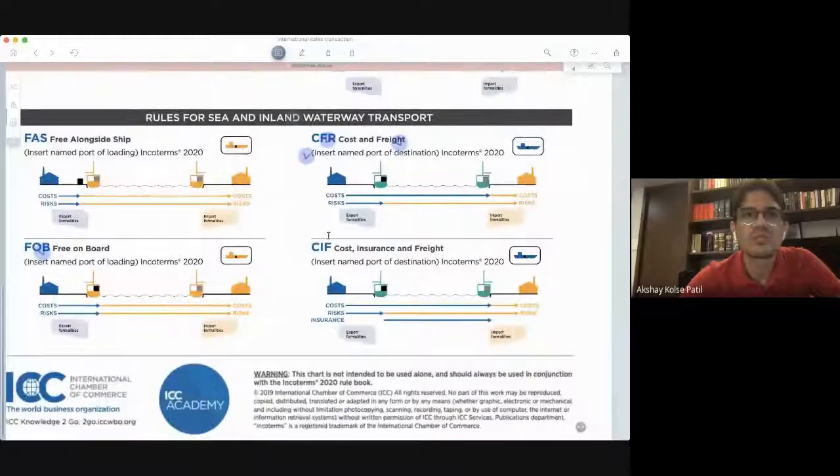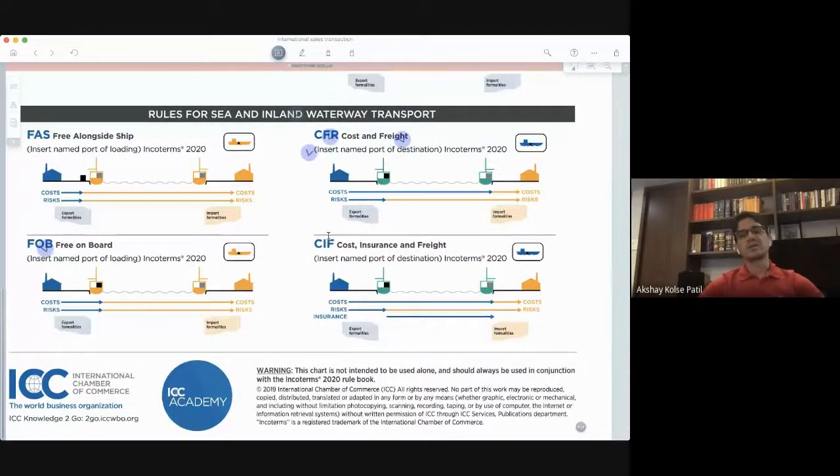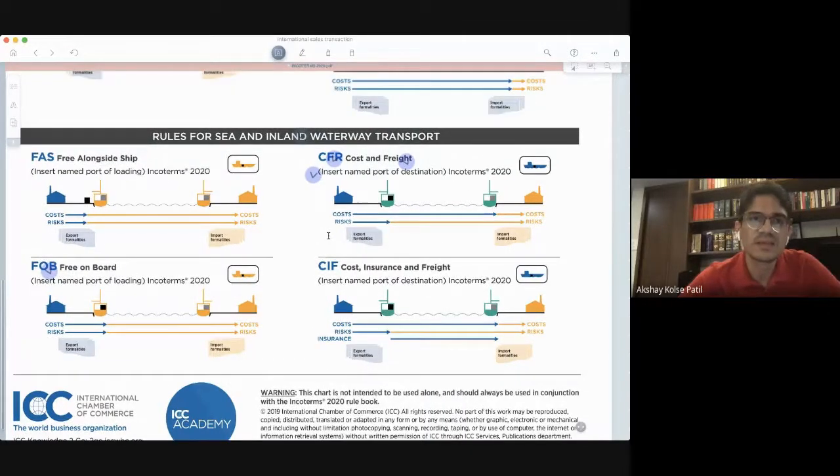Now, rules for the sea and inland water transport. First of all, the Incoterms are defined by the ICC, and they are generally used by everyone across the board to provide some uniformity in international transactions, because it would be very difficult if every country had its own definition of what a particular term meant.